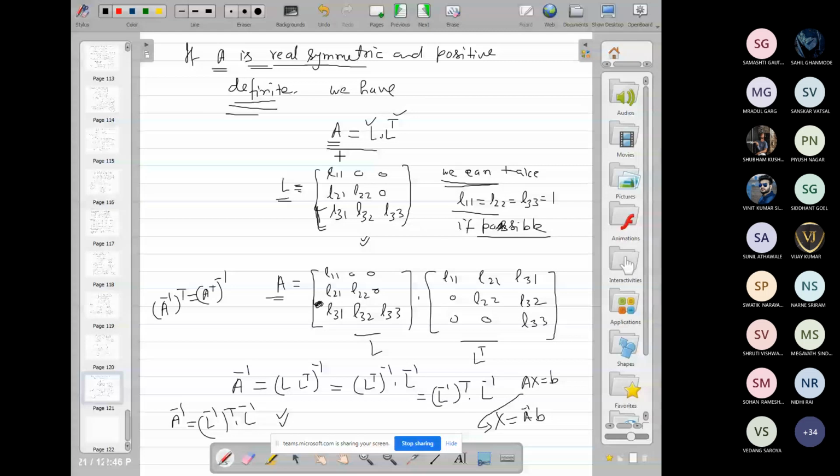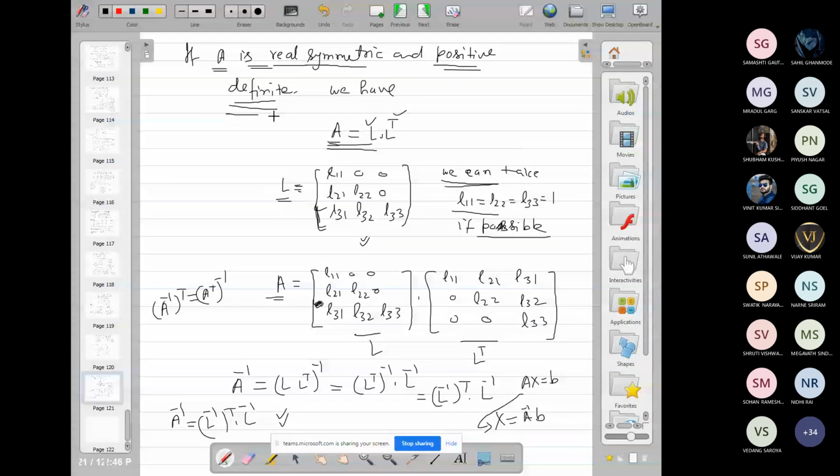In a given problem, the coefficient matrix is not always real symmetric and positive definite. It is not possible. But if it is real symmetric and positive definite, then we can easily solve.